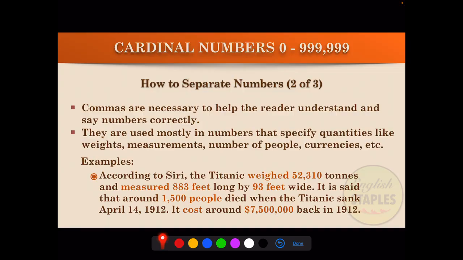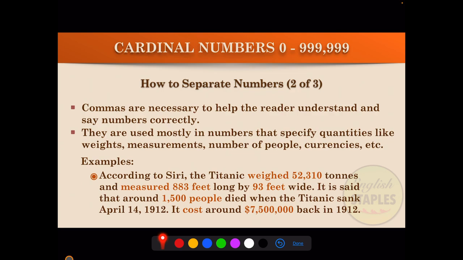So let's look at this example here. According to Siri, the Titanic weighed 52,310 tons and measured 883 feet long by 93 feet wide.